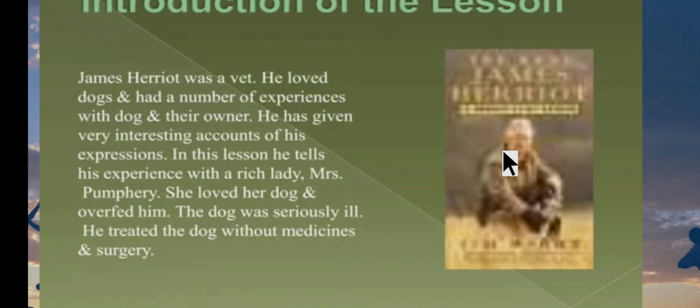In the coming story, he tells us his experience with a rich lady, Mrs. Pumphrey. She loved her dog and overfed him, meaning she fed the dog a lot of items, which made the dog become obese, meaning very fat. The dog was very seriously ill, so the vet doctor treated the dog without medicines and surgery.